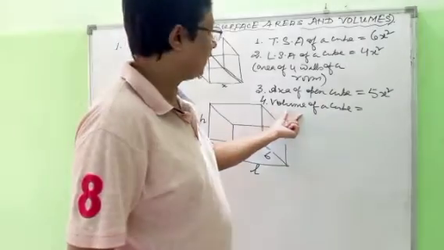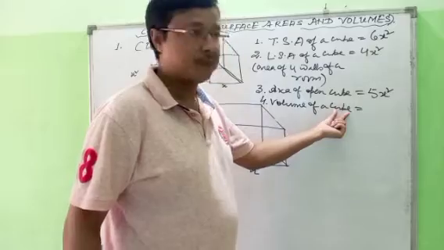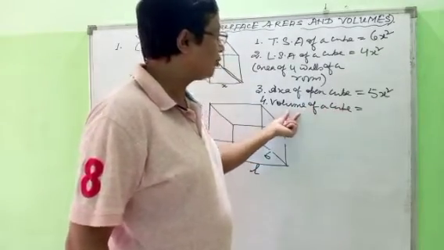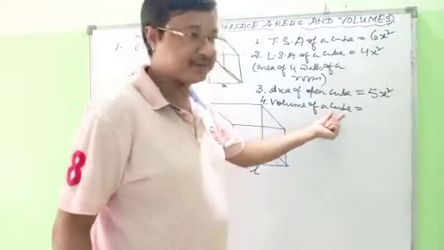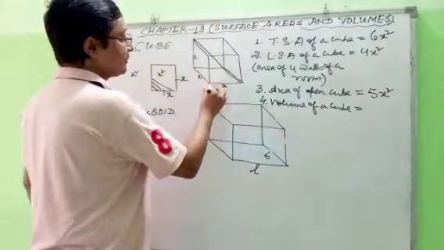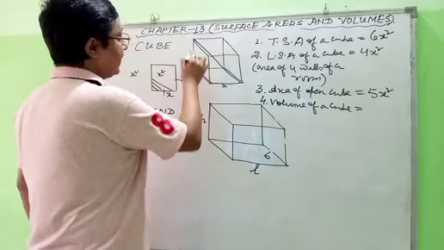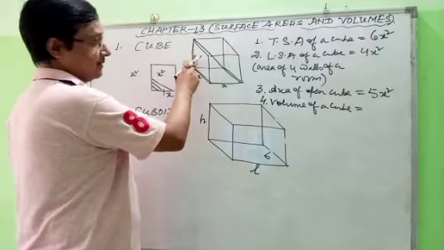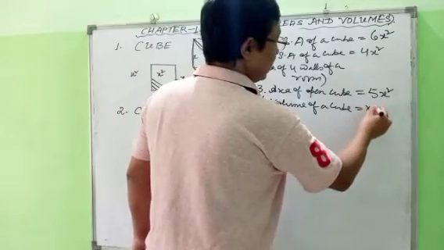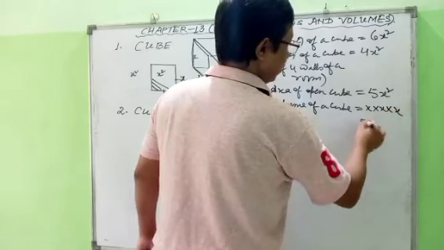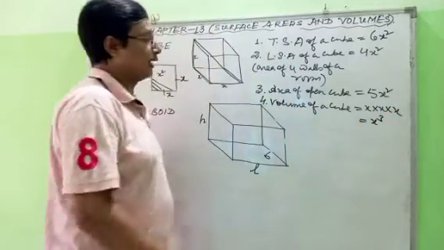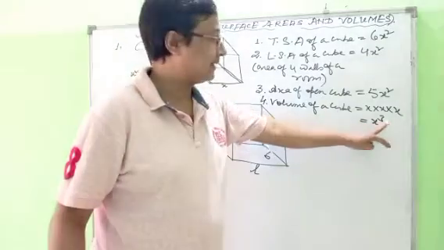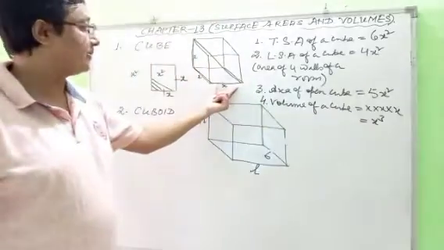So now to get the volume of the cube, you are going to take 3 dimensions. Supposing this is length, this is breadth, and this is the height. So x into x into x, you got x cube. This is your formula now. Volume of a cube is x cube, where x is the side of the cube.